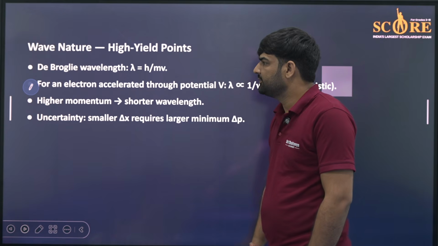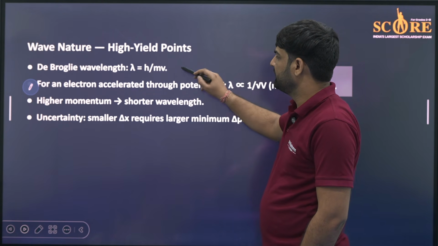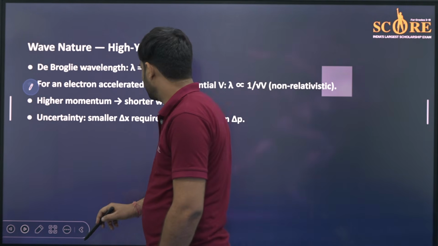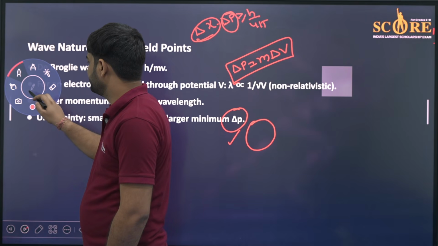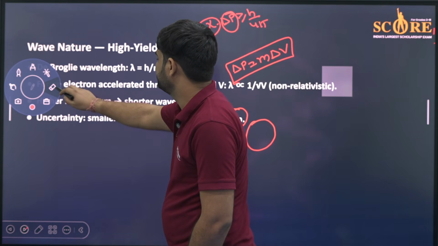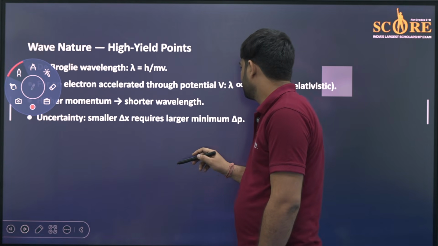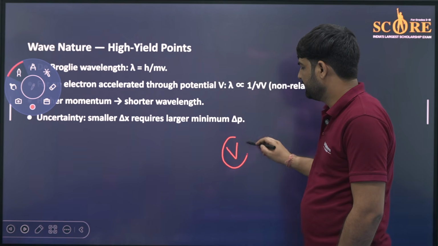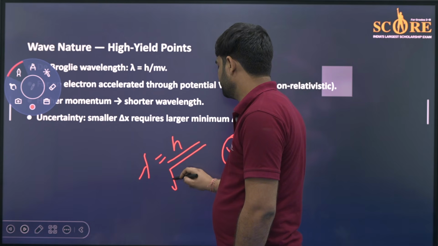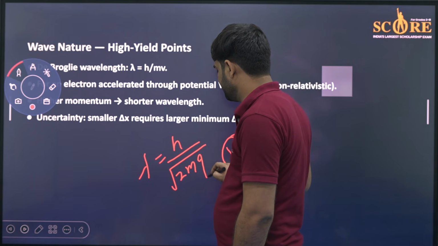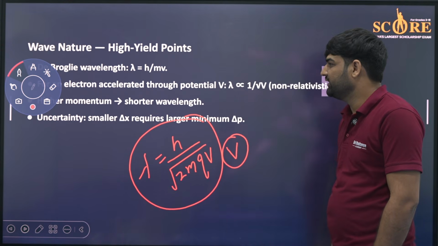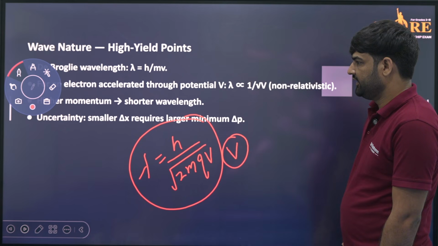De Broglie concept has lambda equals h upon mv. For an electron accelerated through a potential difference voltage V, then you know lambda equals h upon root 2 m kinetic energy, and kinetic energy will be qV. Q is charge, V is voltage difference.